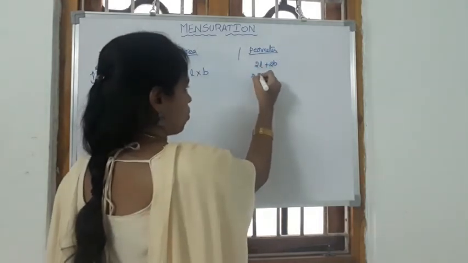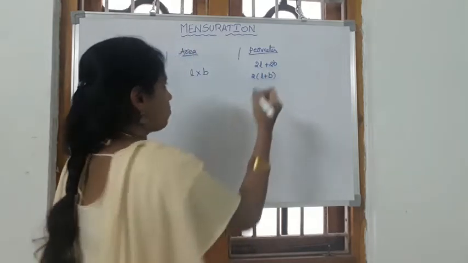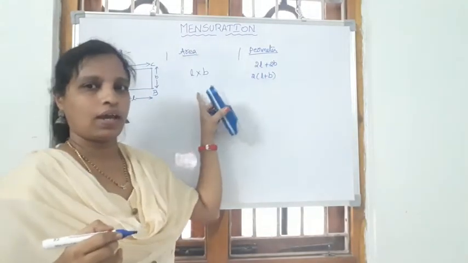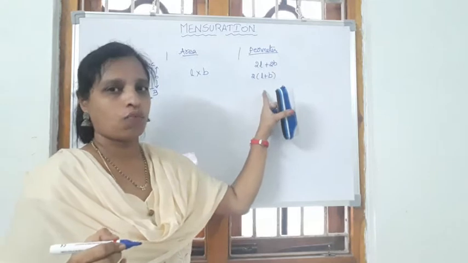If we take 2 as common, 2 of L plus B. So area formula is L into B and perimeter formula is 2 of L plus B.